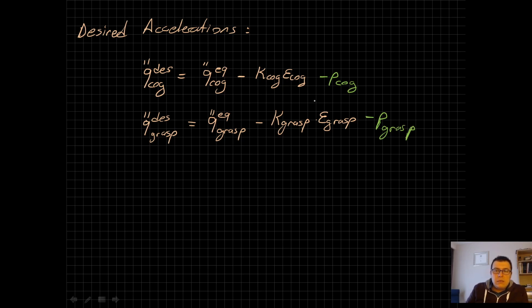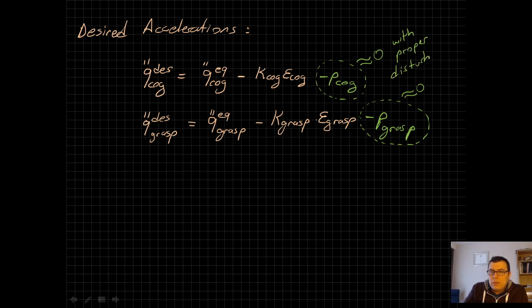So these are actually the uncompensated disturbances in our system. We will assume them to go to zero with proper use of disturbance observers.